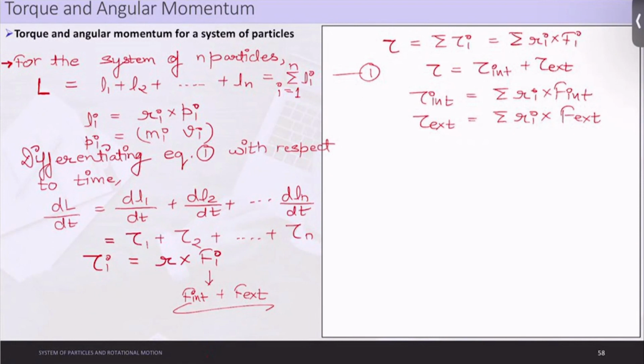Now let us understand more. Using Newton's third law, the forces between any two particles of the system are equal and opposite, and those forces are directed along the line joining the two particles.